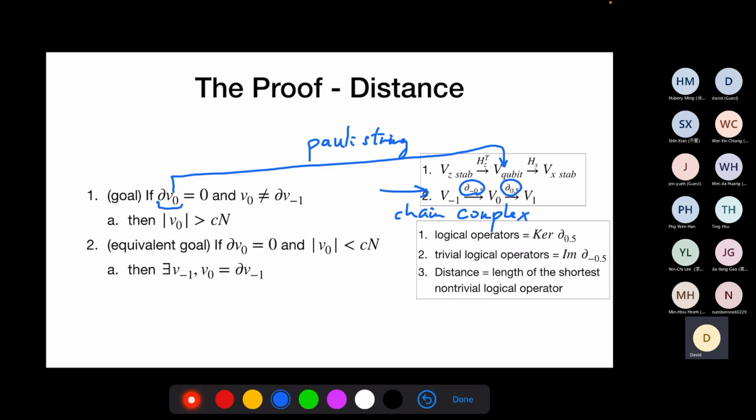So this partial operation is checking that it commutes with the X stabilizer. So V0 is some Pauli string, and this partial 0 is checking to make sure that this string commutes with all X stabilizers.